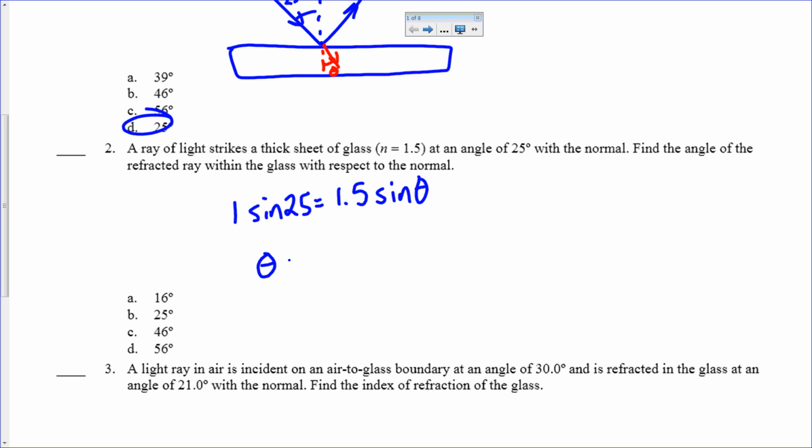And so theta 2 is the inverse sine of that. It's 16 degrees. That's A.